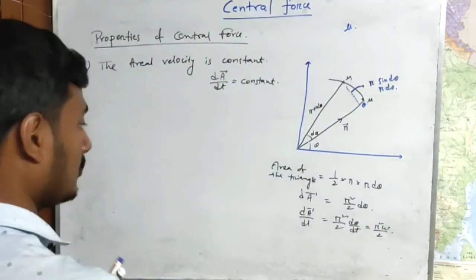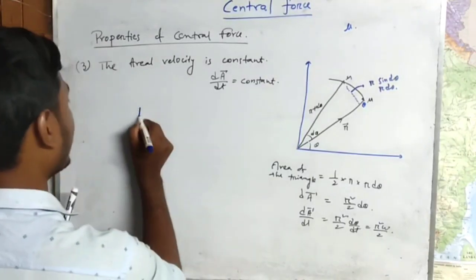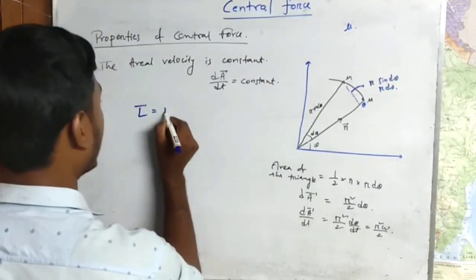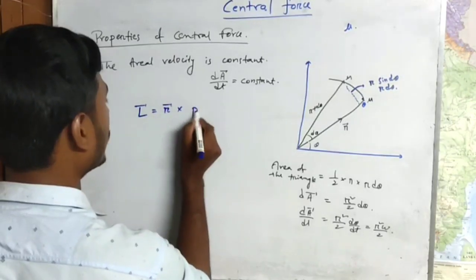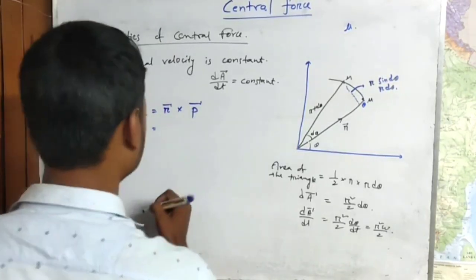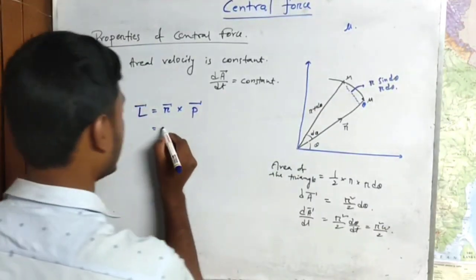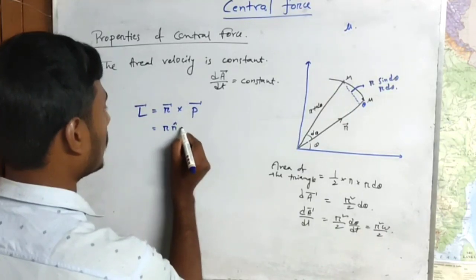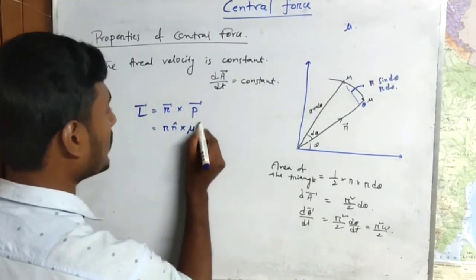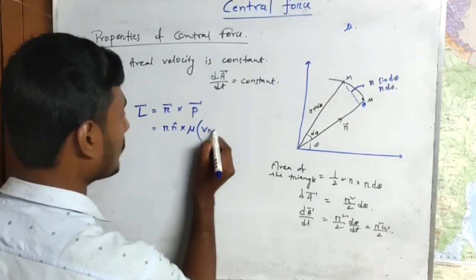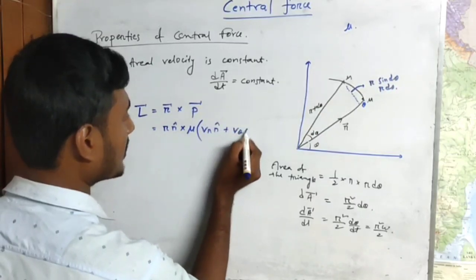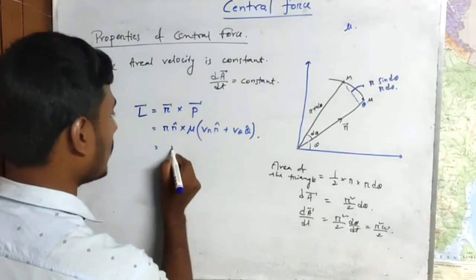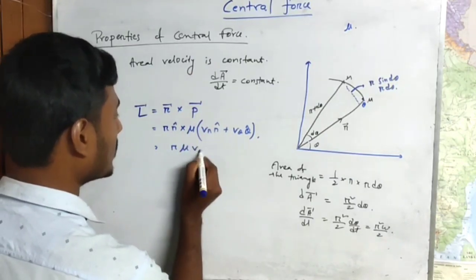Now we know that L vector is r cross p. So we can write r as r r cap, cross p, which is mu into v. v can be written as v_r r cap plus v_theta theta cap. So r cap cross r cap is 0, and we have r into mu into v_theta theta cap.